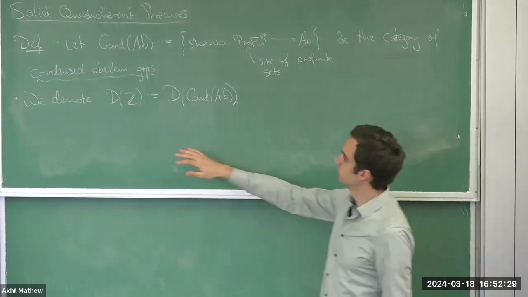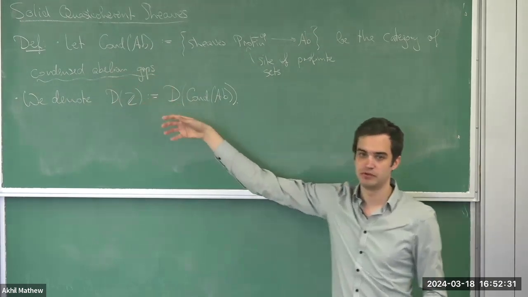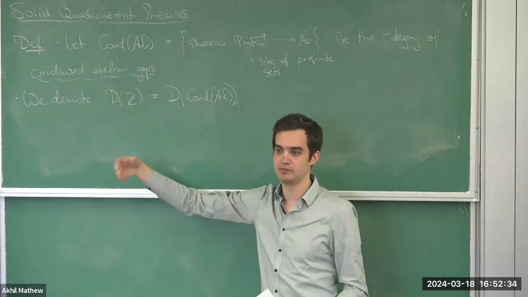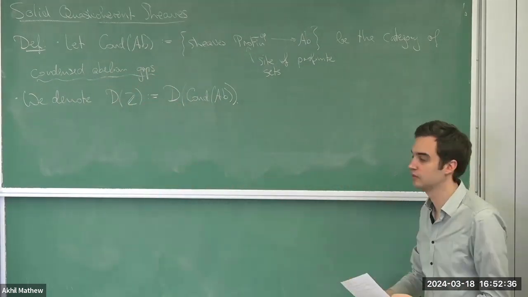And so you should think of objects in here as some sort of topological abelian groups. So they're abelian groups that have some topology on them, so the multiplication is continuous.